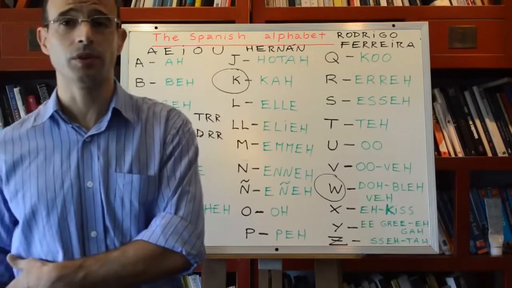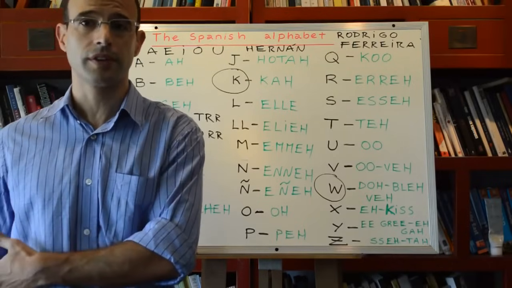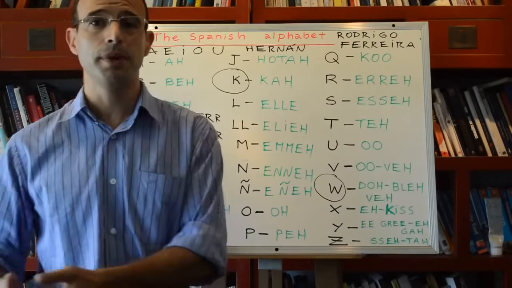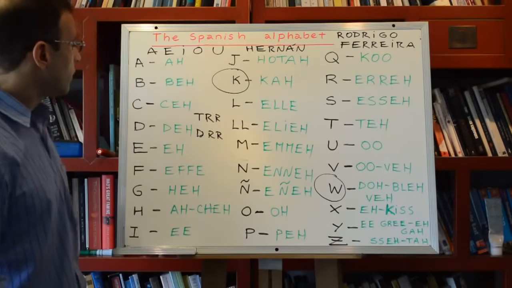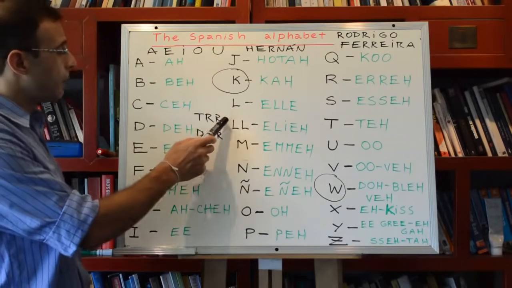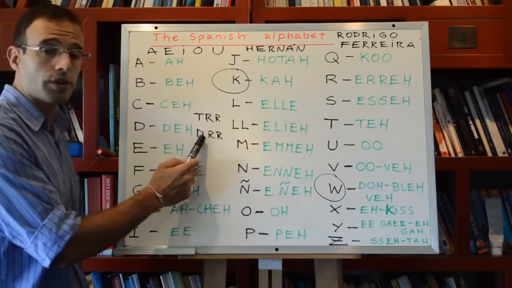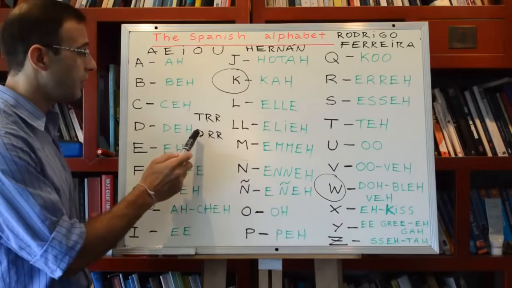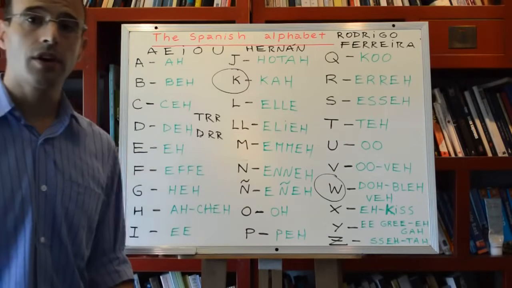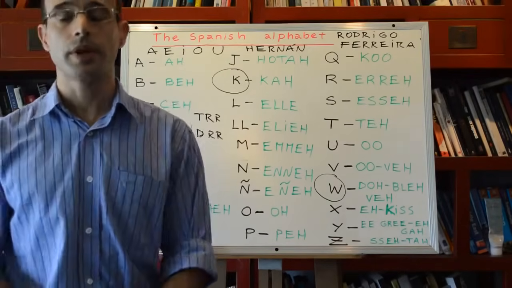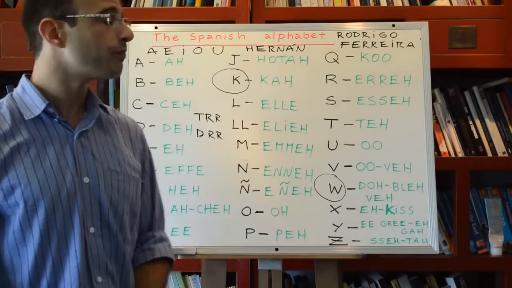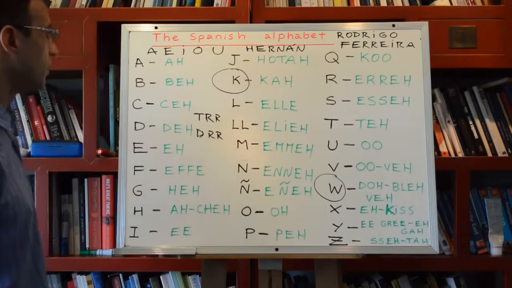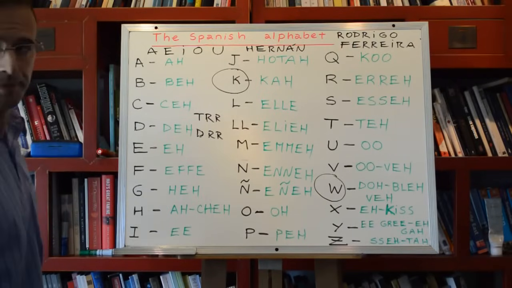I don't know why it is called rolling R sound, but I've heard the English speakers call it that way, so I'm just repeating what I heard. So once you manage to pronounce it tr and dr, just remove the T and the D, and you can say r, or simply r, short, right? Good. So that's about letter R.